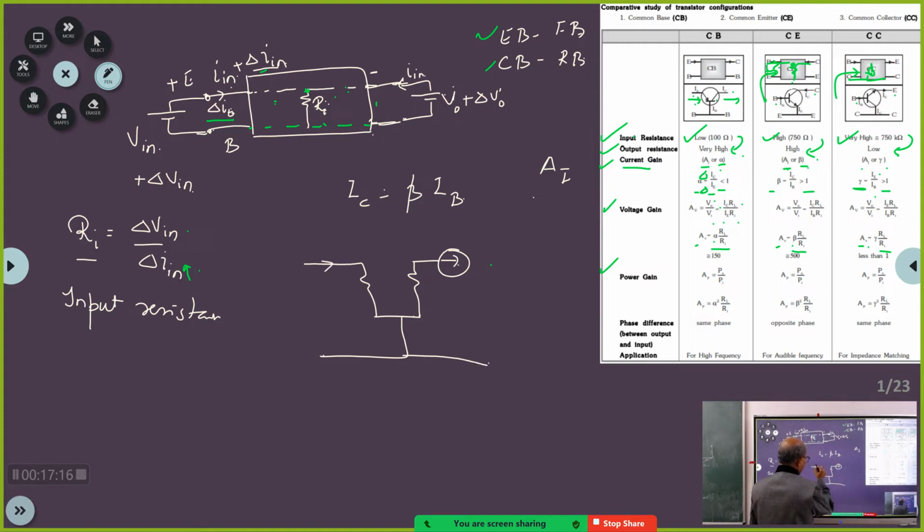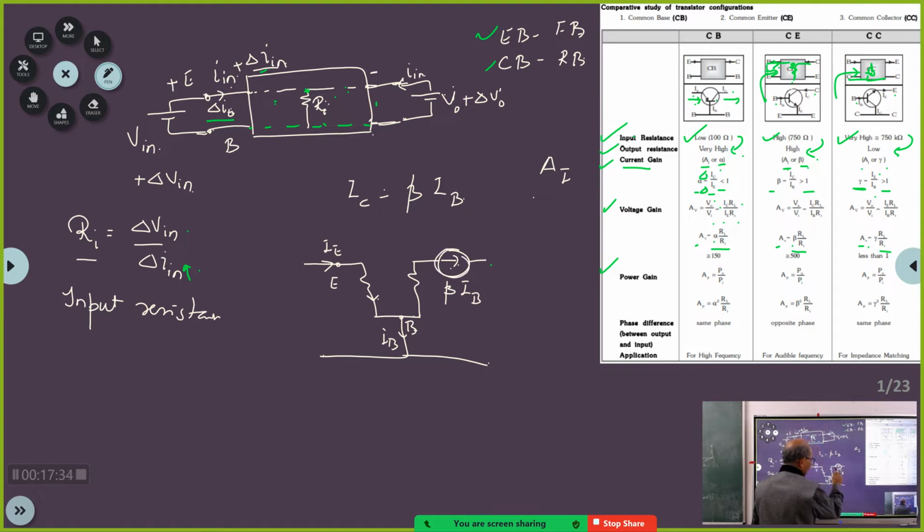Here you were sending IE. This is the emitter. This is the base. So here there is a current flowing, and here there is a current flowing. What is this? This is beta times IB.